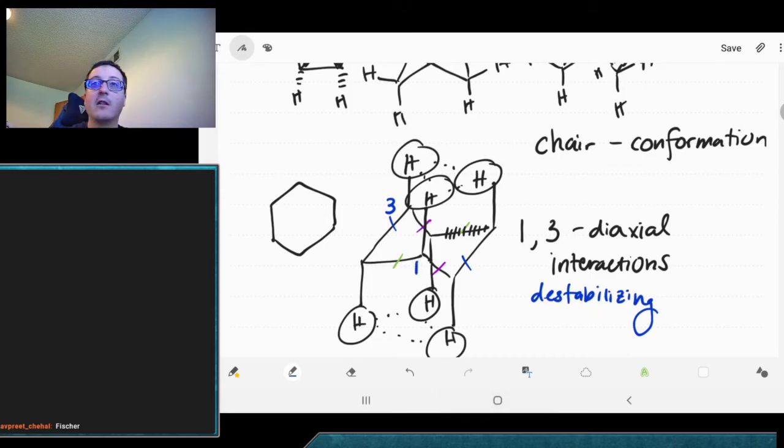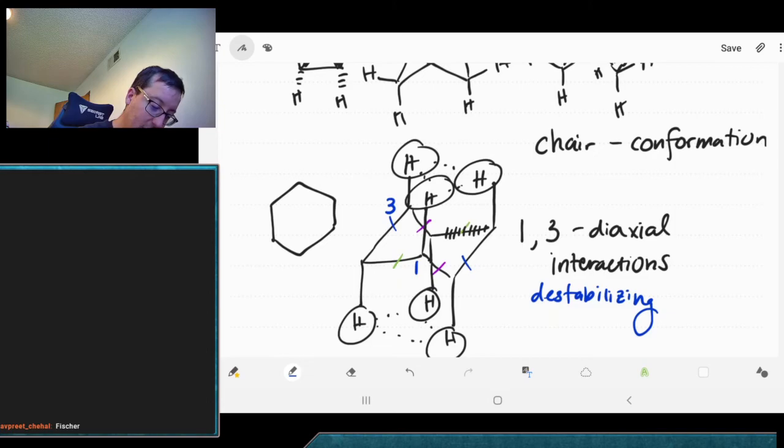Doesn't quite matter either way. They're 1,3 just in relation to each other. Those things that are axial, as in sticking straight up or straight down, are going to bonk into each other. And so when we have axial things sticking straight up and down that are big and bulky, those are bad situations. Those are destabilizing.